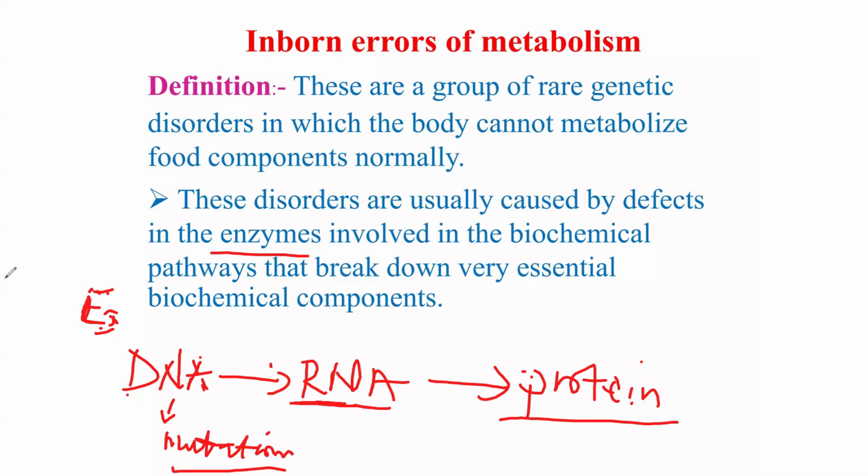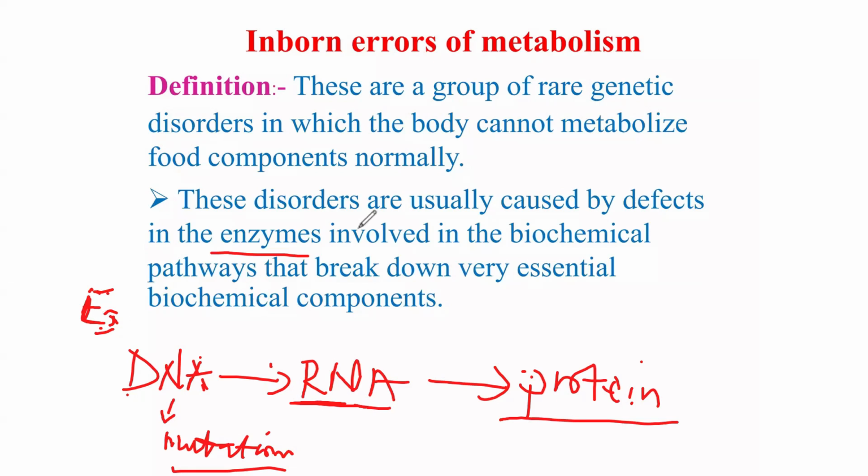Although in some cases mutation can be positive, because it can increase the activity of the enzyme, or it can decrease the activity of the enzyme. Usually in inborn errors of metabolism, the mutation is negative, because the enzyme's activity is distorted. Therefore, it cannot convert the biochemical component into the product. So that is an inborn error of metabolism.